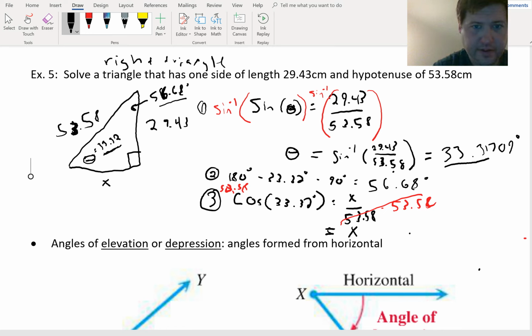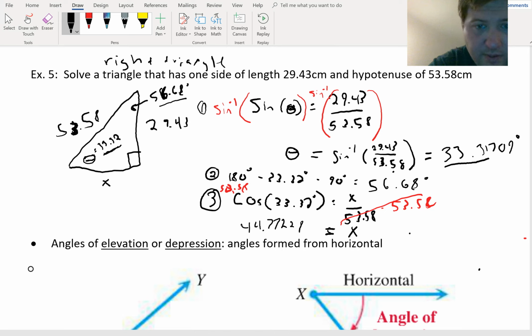So let's see, 53.58 times cosine of 33.32. All right, and I get that that is 44.77229. But again, we only want 4 significant digits in this problem, so that's our 44.77.